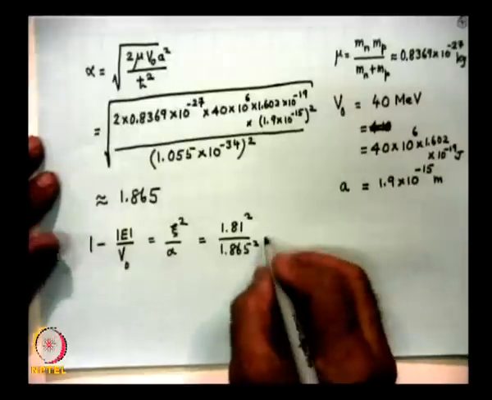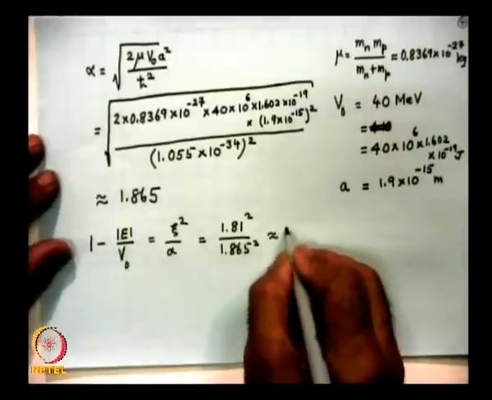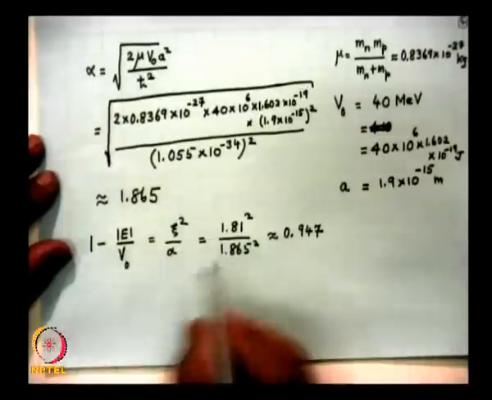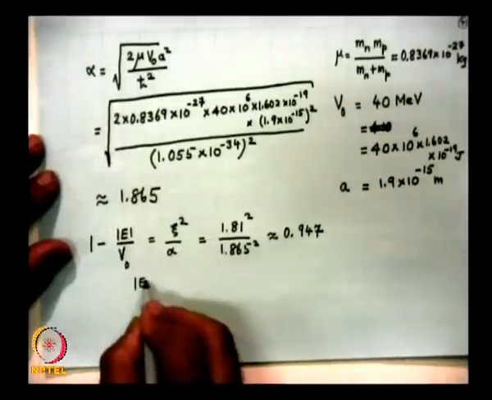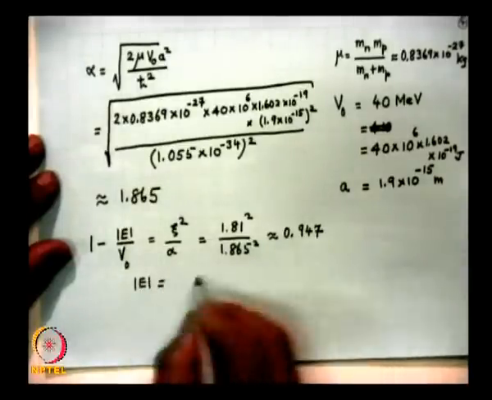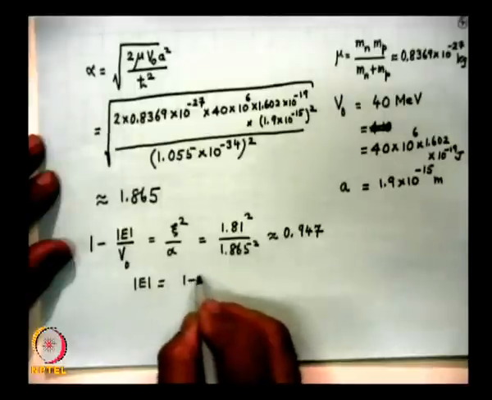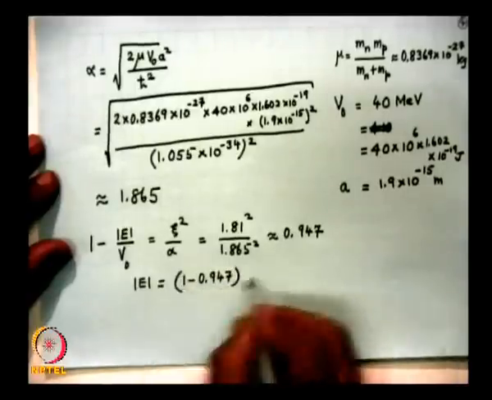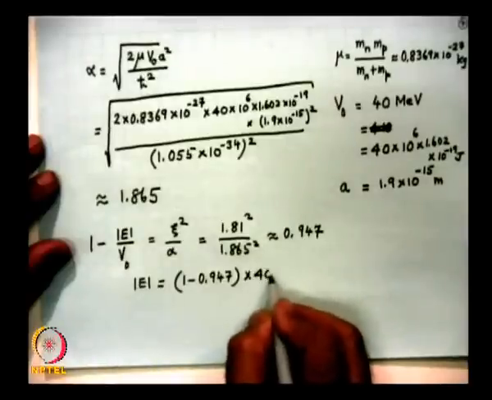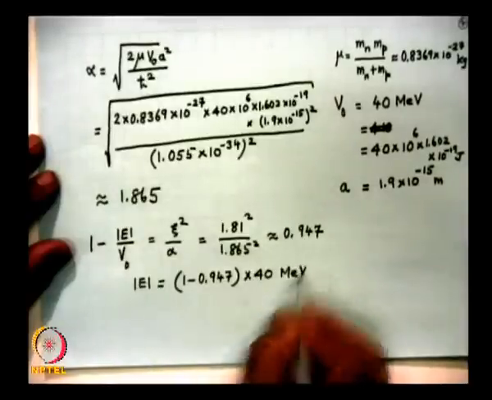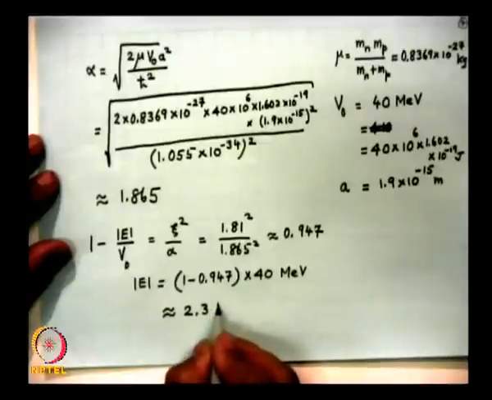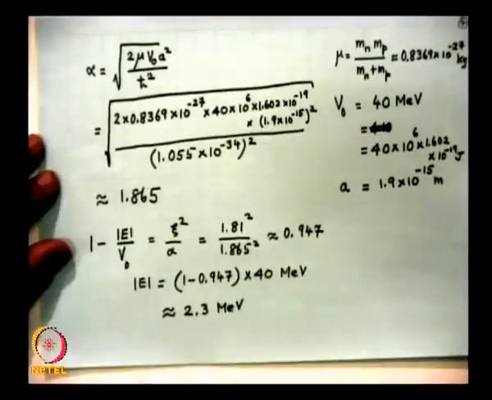If you divide this, you find that this is about 0.947, and E by V0 is equal to 1 minus 0.947, and into 40 MeV, this comes out to be about 2.3 MeV.